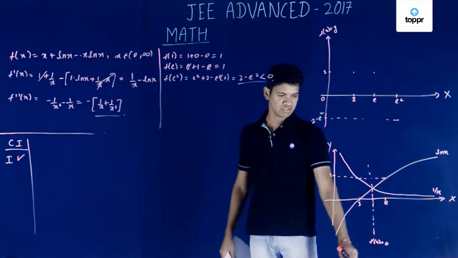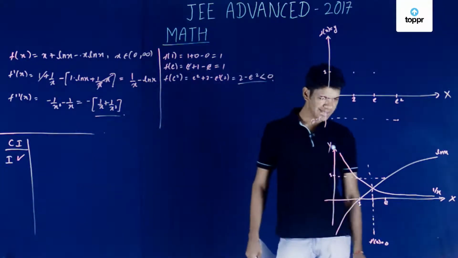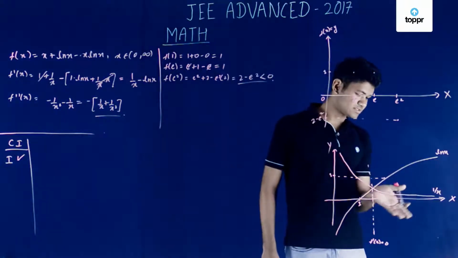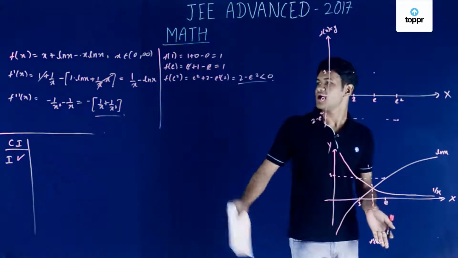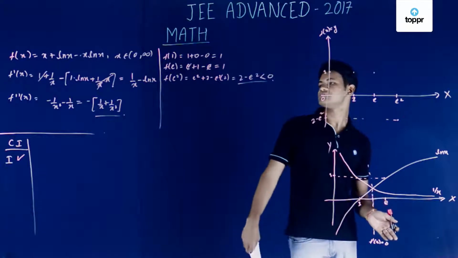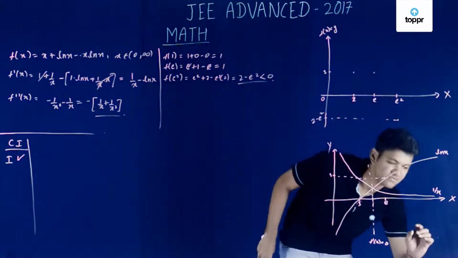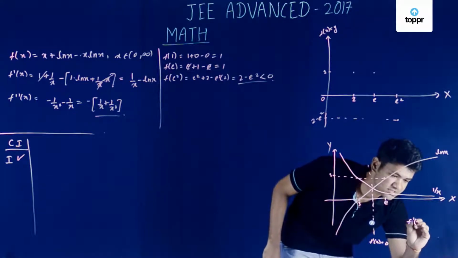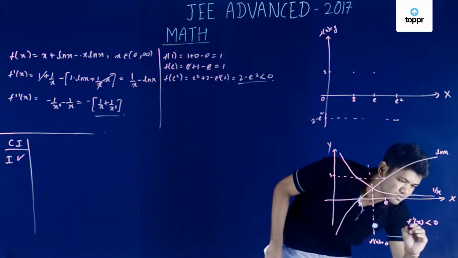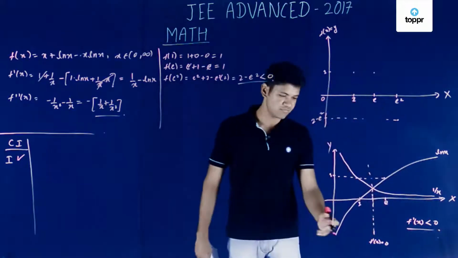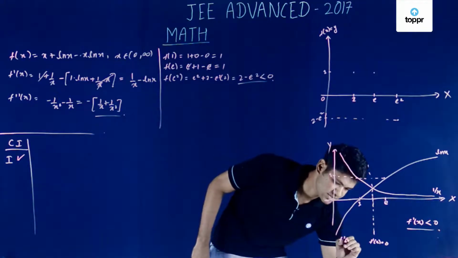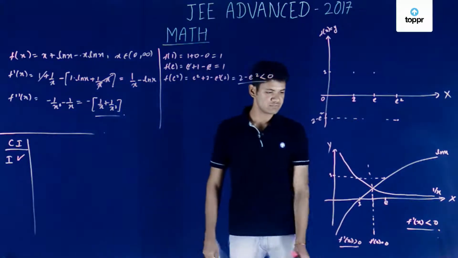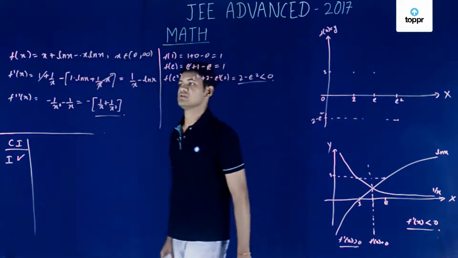And we can also see that ln x is far greater than 1 upon x in this portion of the graph. And since ln x has a negative sign in f dash x, we can say that f dash x will be negative in this portion of the graph, and vice versa, f dash x will be greater than 0 in this portion of the graph. So yeah, that's about it for f dash x.